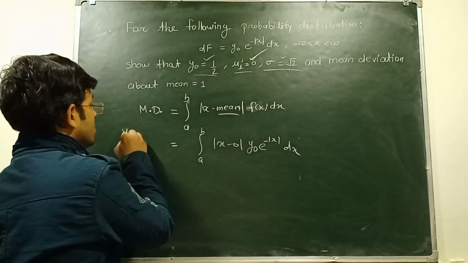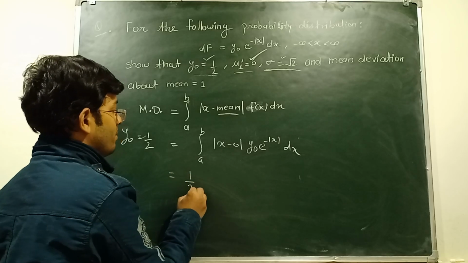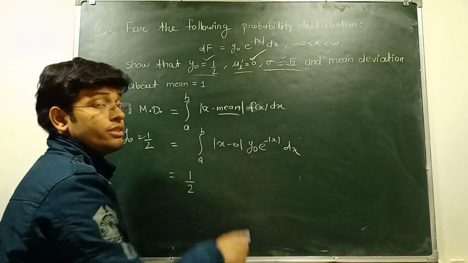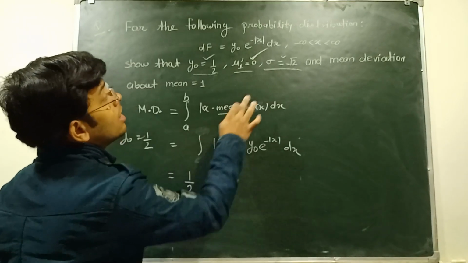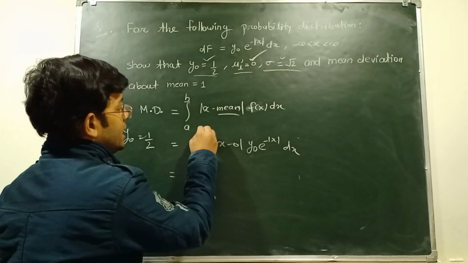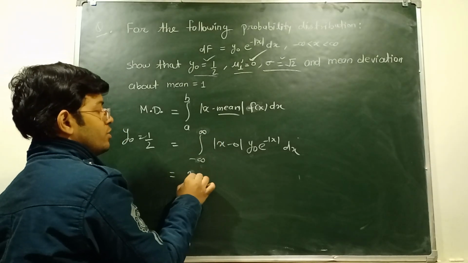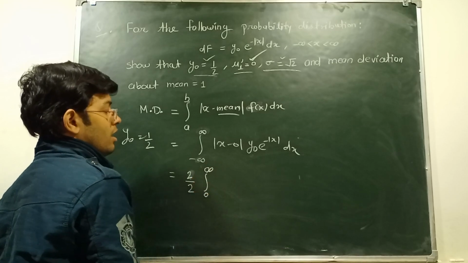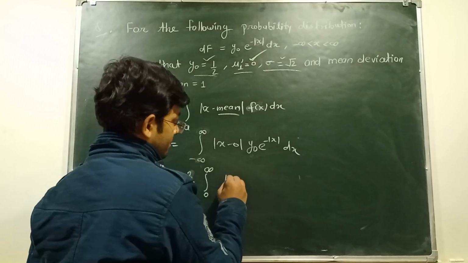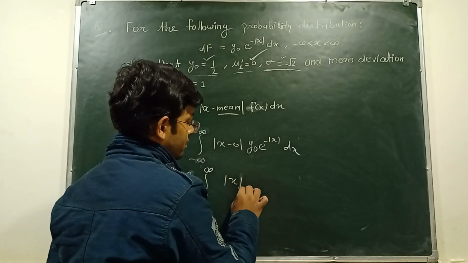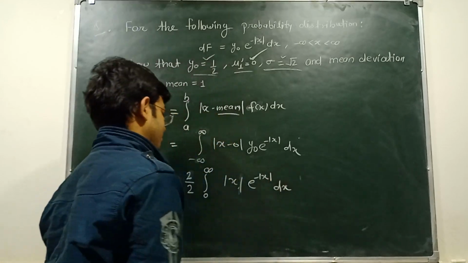Y0 is equal to 1 by 2, so here we write 1 by 2, with limits minus infinity to infinity, and we change the integral sign, so we write 2, and the limits will be 0 to infinity, x e to the power minus mod x dx.